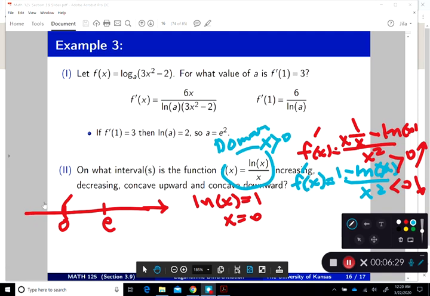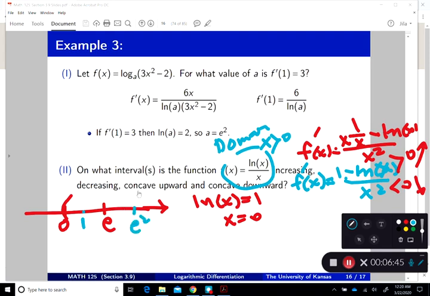Plug in points for test points. Between 0 and e is 2 point something something, and so I'm putting 1. Bigger than e, let's put in e to the power 2, for example. And so these are my two test points.